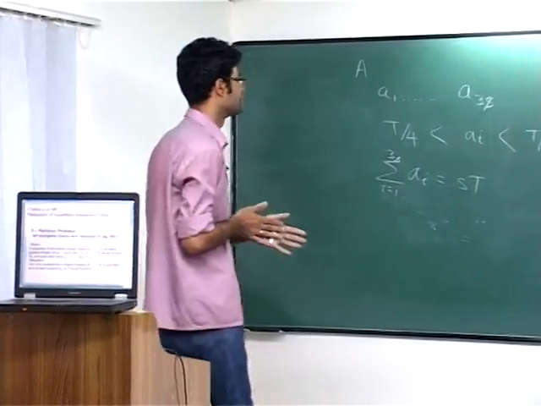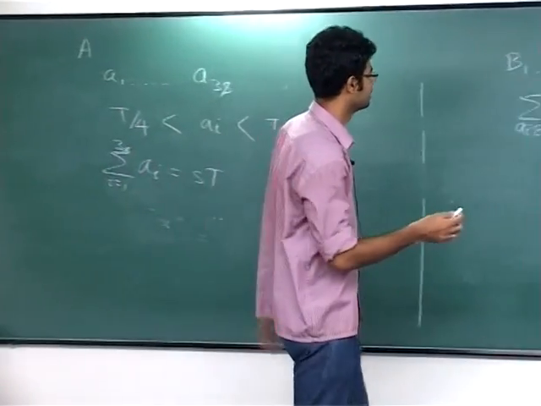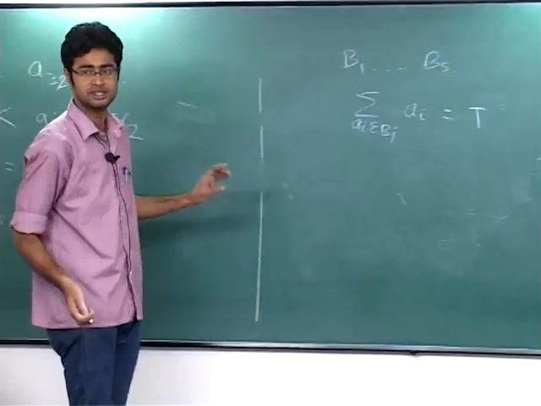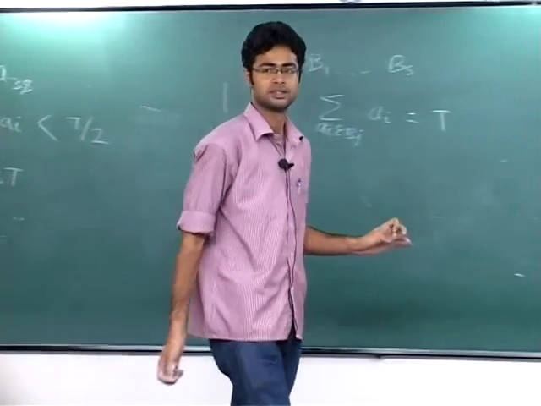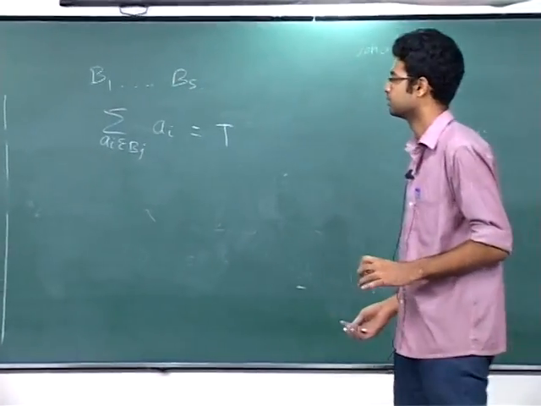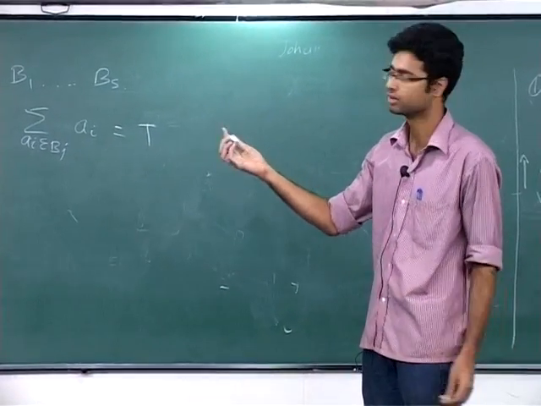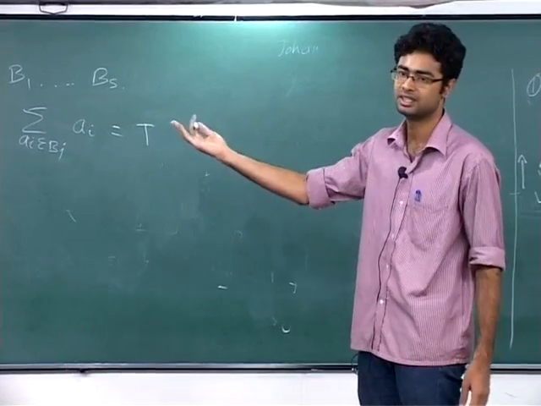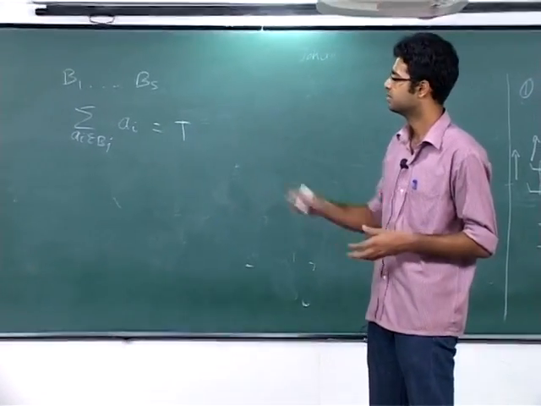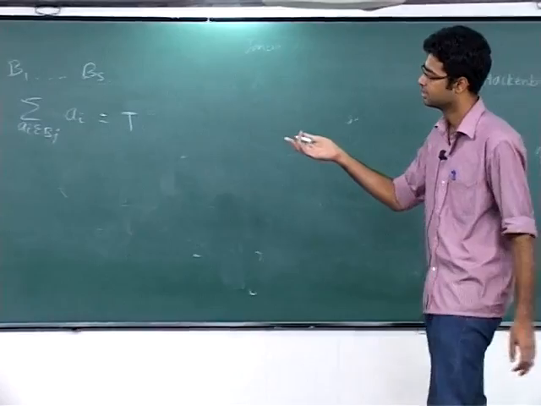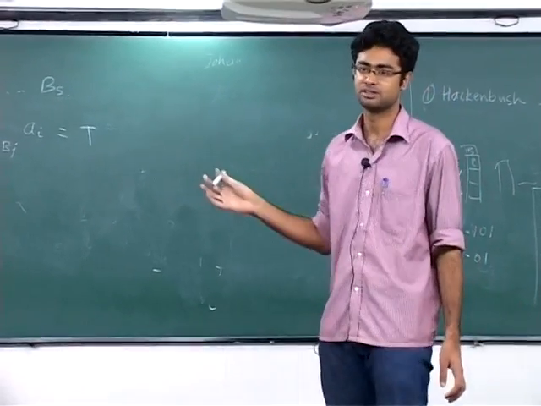One thing we can note right now is that the size of each of the subsets is exactly 3. How? Let's say we take only 2 elements, then the sum would be less than T. If I take 3 elements, then the sum would lie between 3t/4 and 3t/2, which is fine.